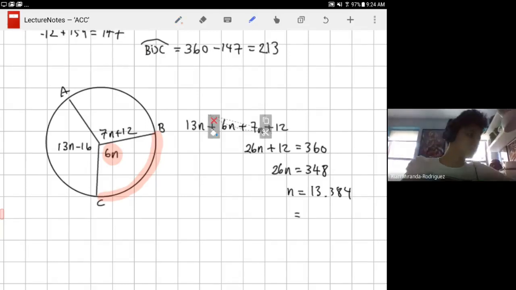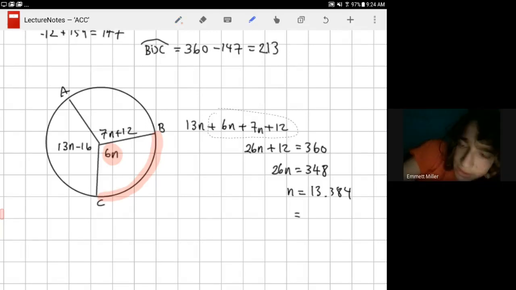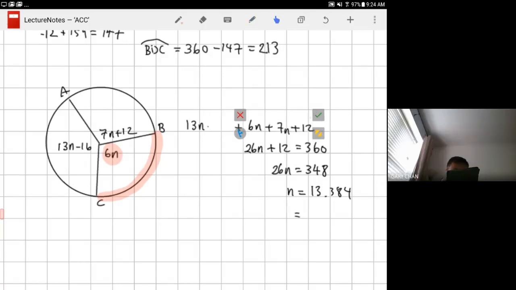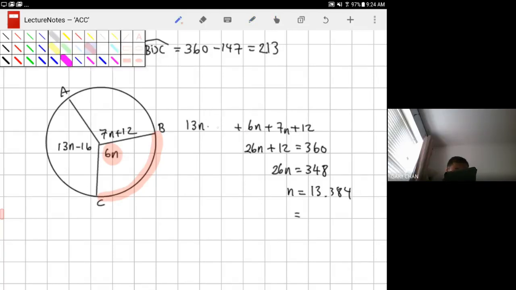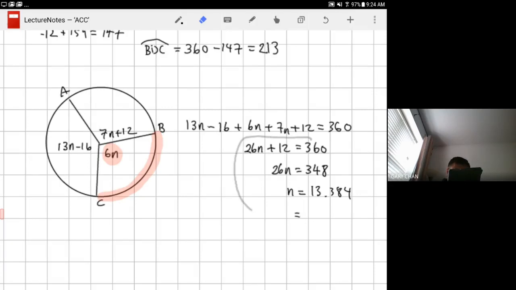It's 13n. Yeah. It's like this. So it's 13n minus 16 plus 6n plus 7n plus 12 is equal to 360. And we do that. My bad, guys.